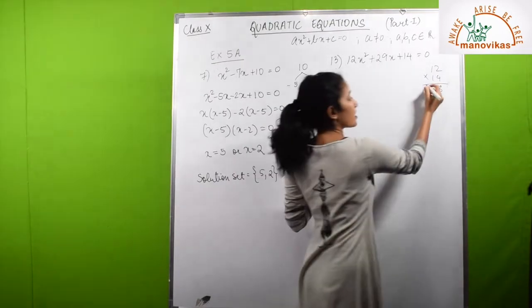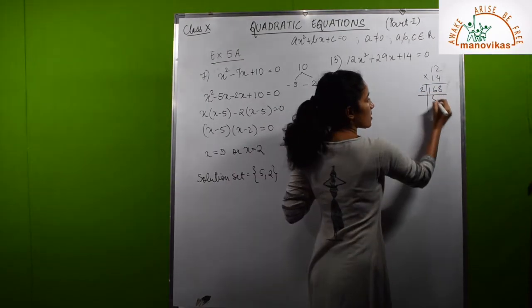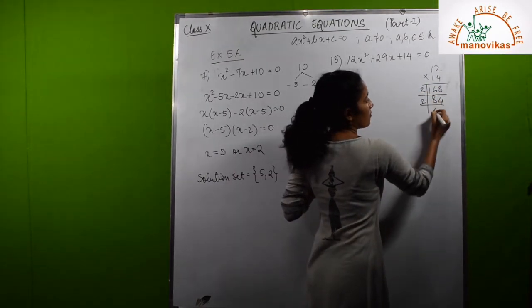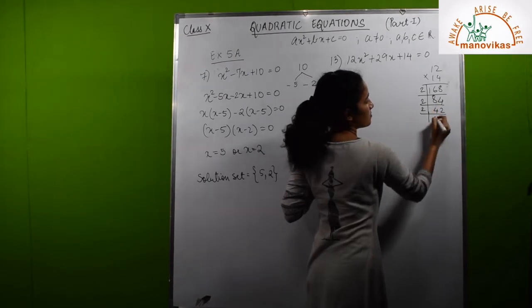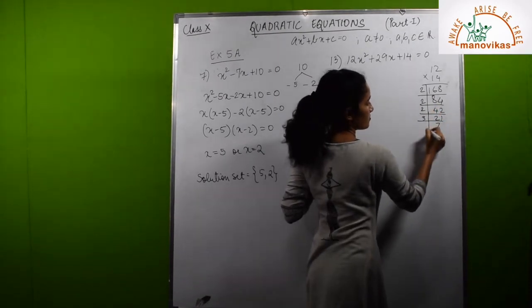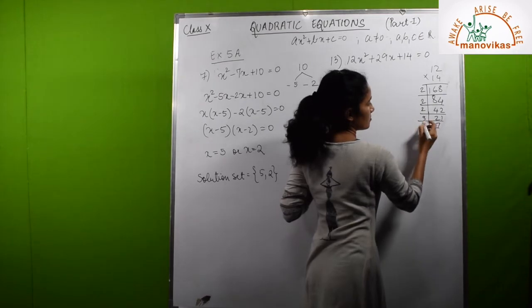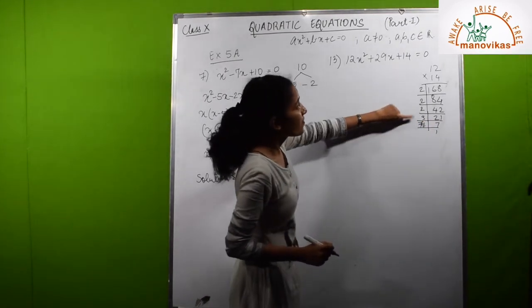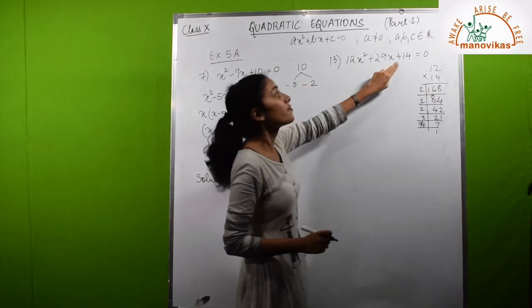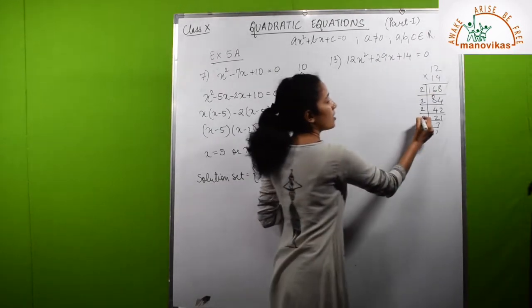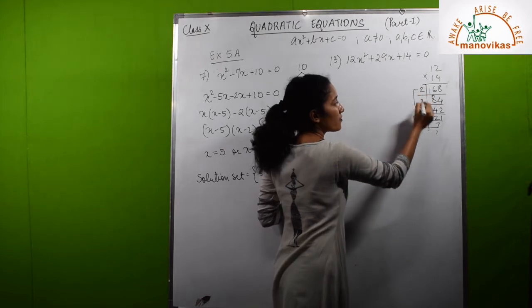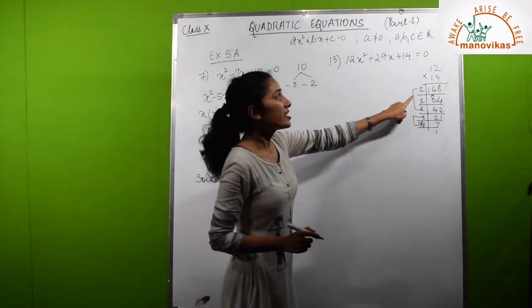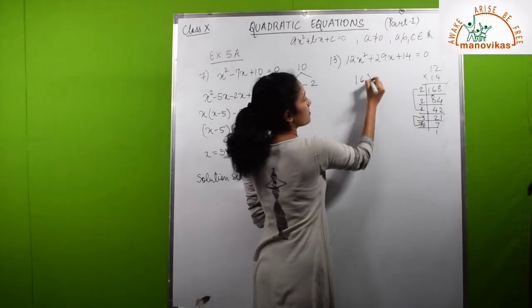So we'll do prime factorization for this. 4, 2. So let us find the factors for 168, which when you add you get 29. They are 21 and 8. 21 and 8 are the factors of 168.